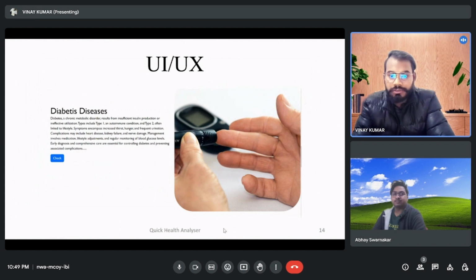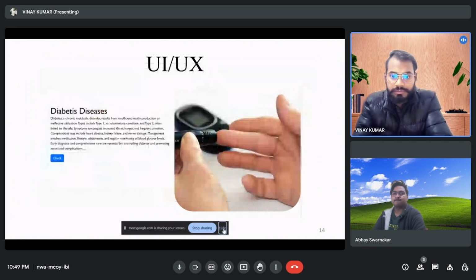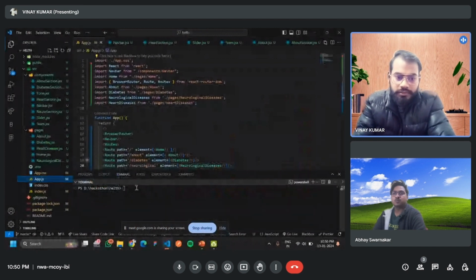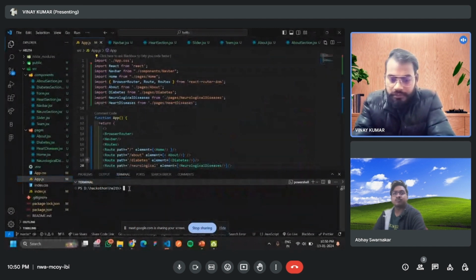Now I am going to show the UI/UX of this project. Let's come to VS Code. I run the code using npm run start.